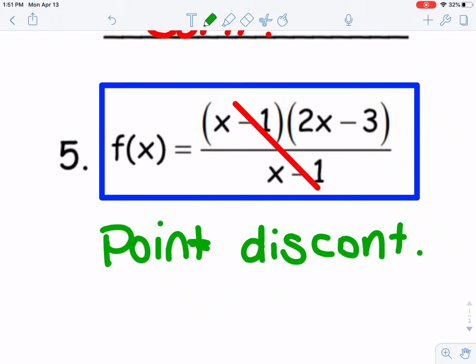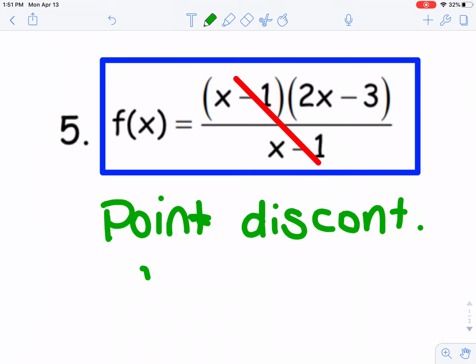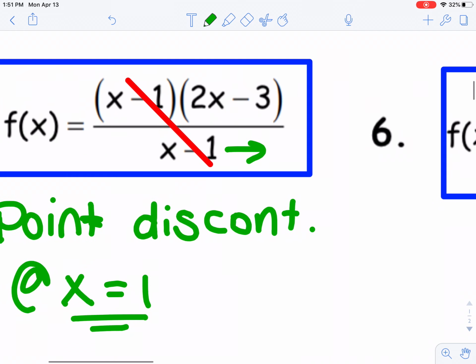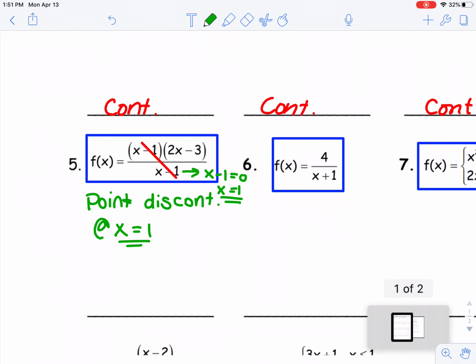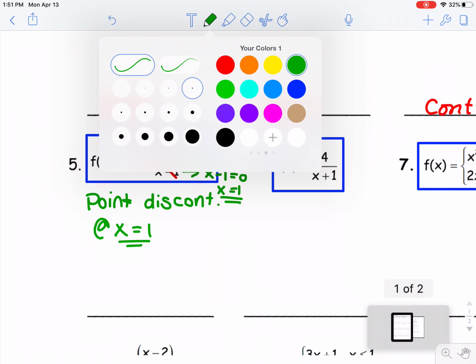And the point discontinuity is going to happen at x equals positive 1. Now, how did I get that? I took the canceled factor and set it equal to 0 and solved. So x equals 1. So it's a point discontinuity at x equals 1.